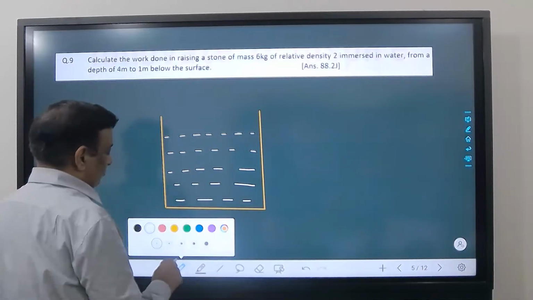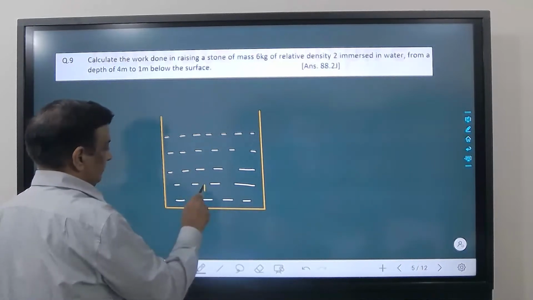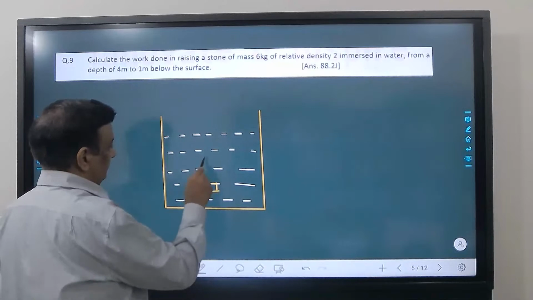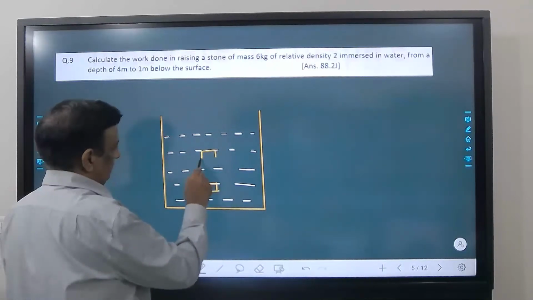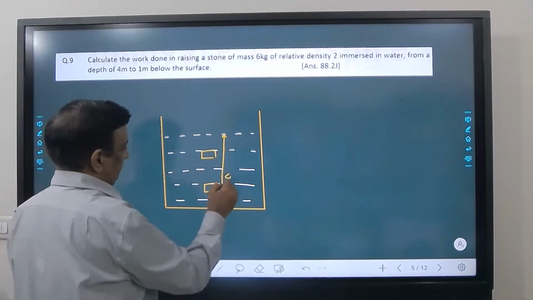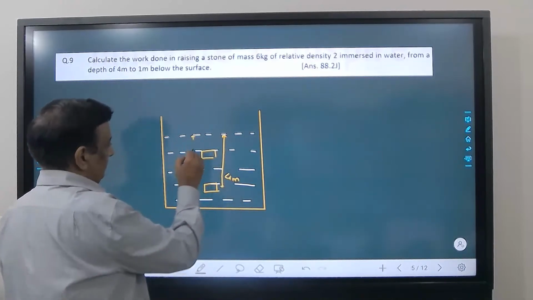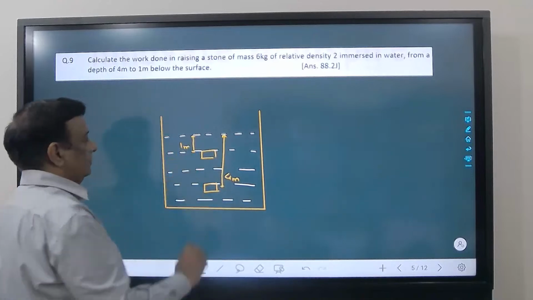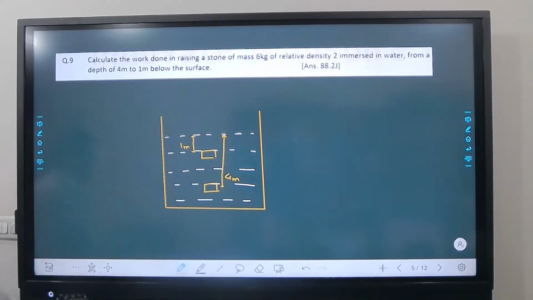So you have to raise it from a depth of 4 meter to a depth of 1 meter.